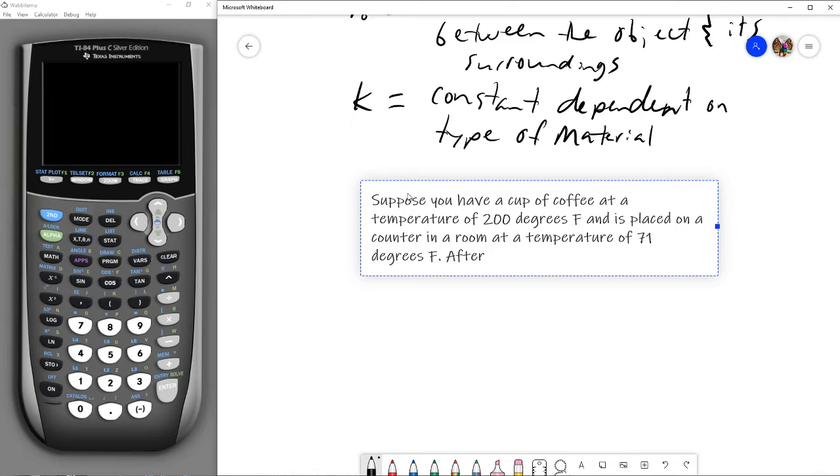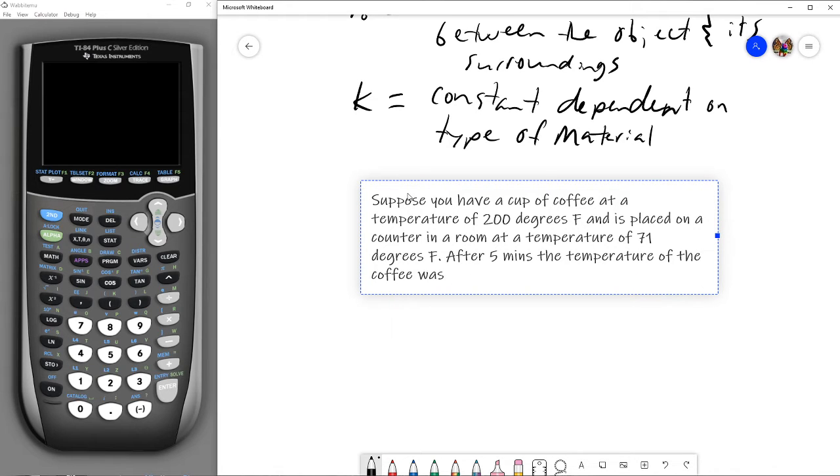And then we observe that after, let's say, 5 minutes, the temperature of the coffee was about 180 degrees Fahrenheit. Alright.